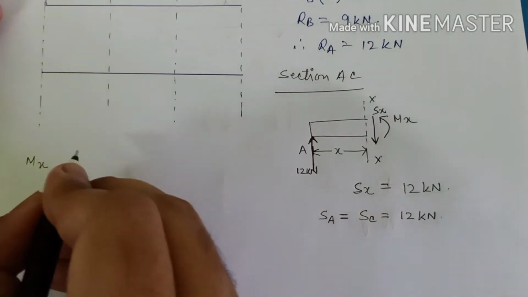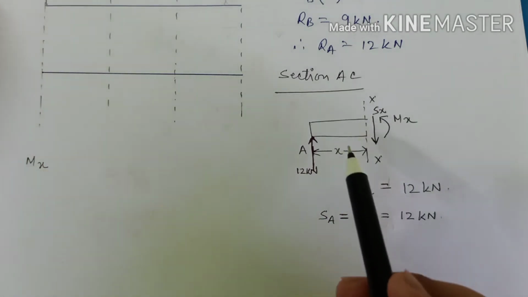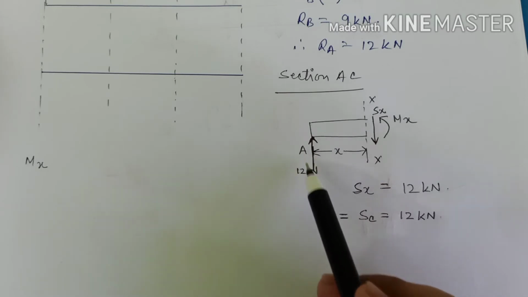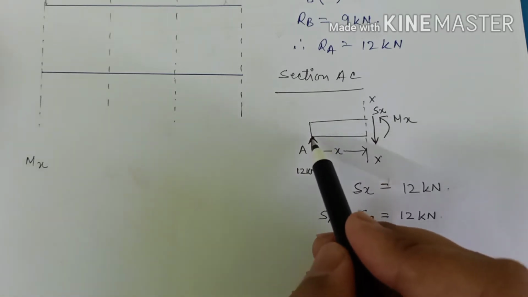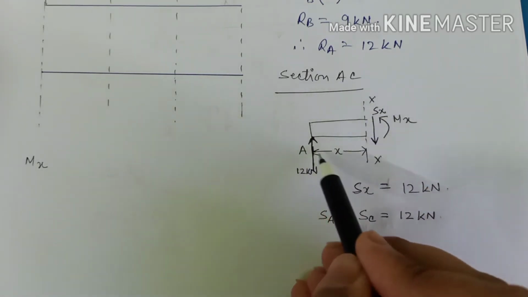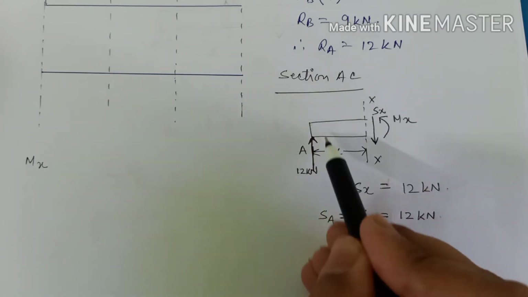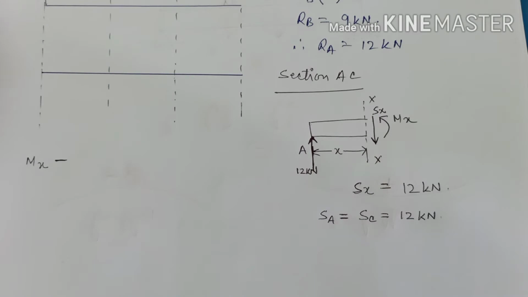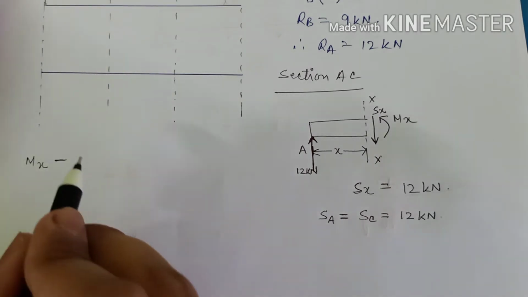Now this 12 kilonewton force will also try to create a moment in a clockwise fashion. So it will be negative, right?